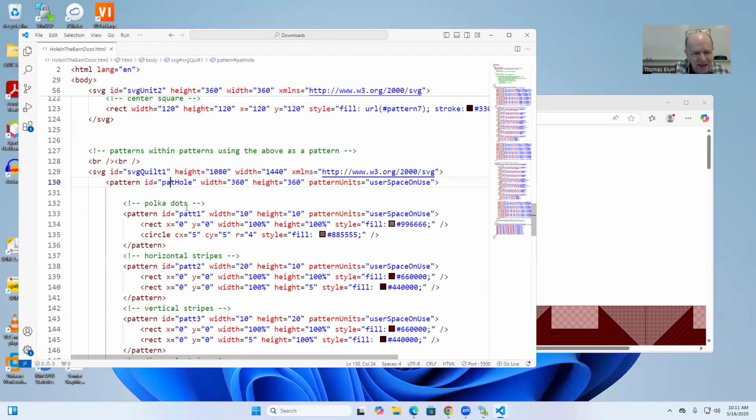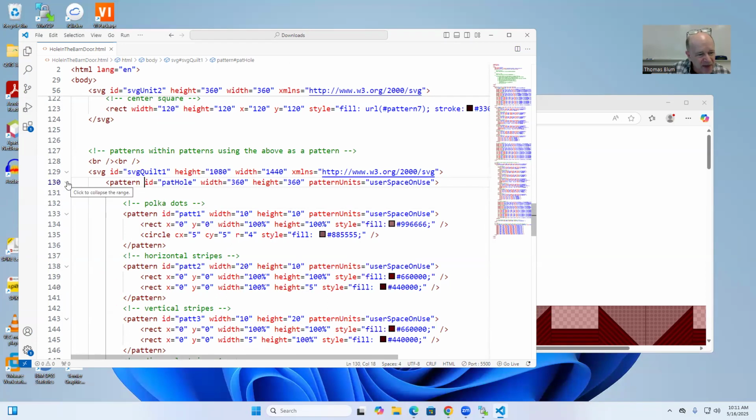And then I have these little patterns, which above might have been called pattern 1. Here I'm just calling it pat 1 because two things shouldn't have the same ID. I make this whole shape, and this whole big shape is itself going to be a pattern.